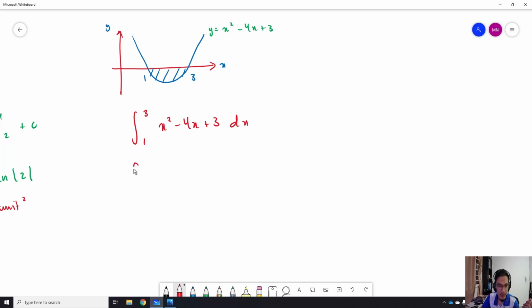When we integrate, we have x to the power of 3 over 3 minus 4x square over 2 plus 3x from 3 to 1 plus c.